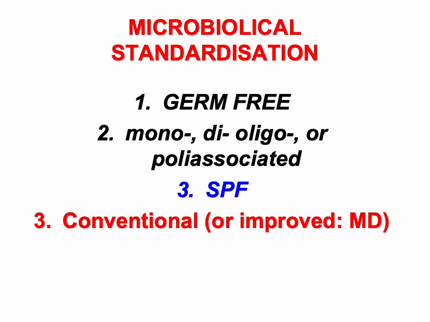And according to the microbiological standardization of lab animals, we may have germ-free, mono-, oligo-, or poly-associated animals. We may have specified pathogen-free and conventional animals. So very, very different in microbiome.